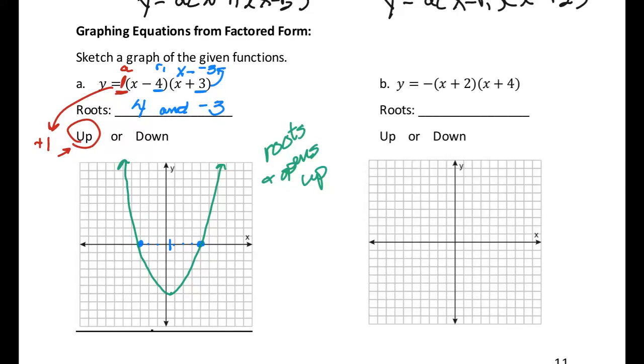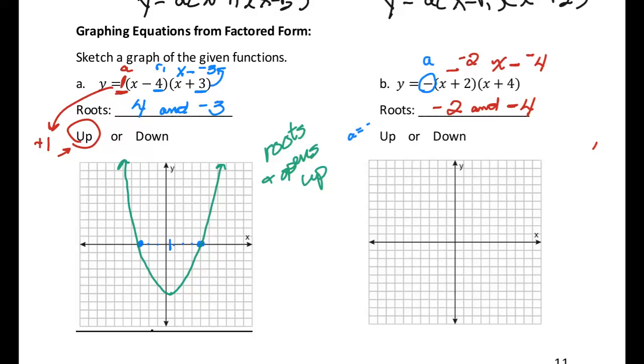Y equals negative, parentheses, x plus 2 times quantity x plus 4. My roots have to be in the minus. So this is minus -2. That means that is a -2, and x minus -4. So then it's -2 and -4. And because this is negative, that's my A value.